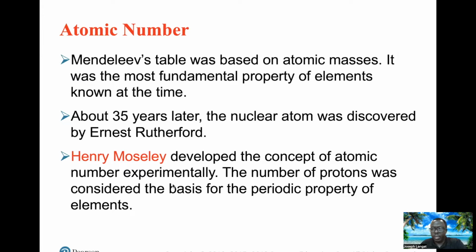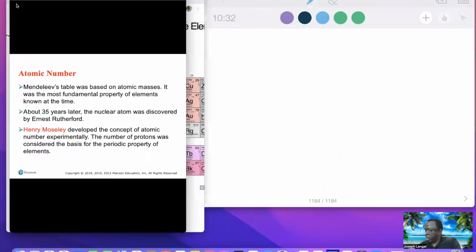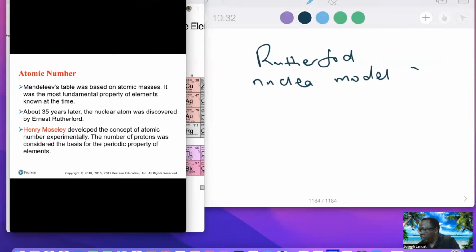Before that, Rutherford had proposed the nuclear model of an atom. So what we know is that at this point, let's say, Rutherford's nuclear model of an atom. Let's have this first.